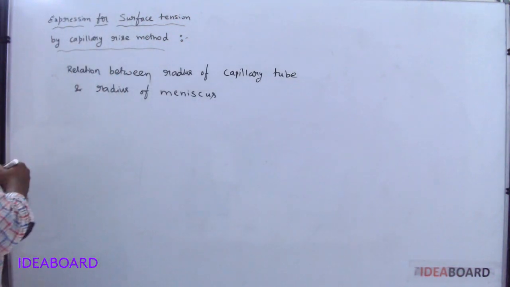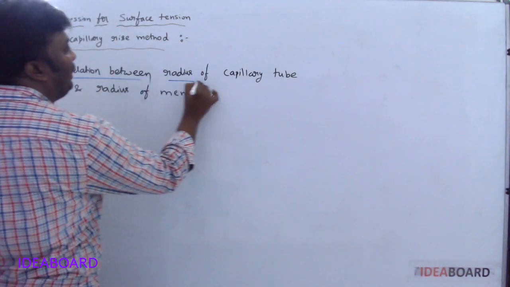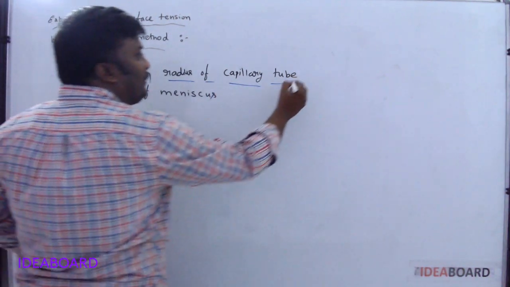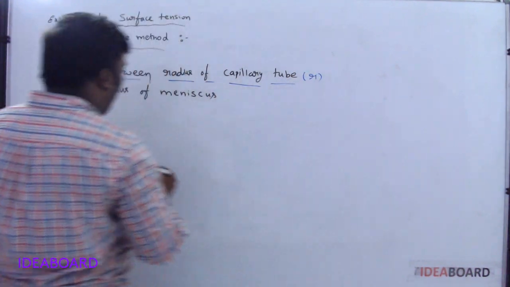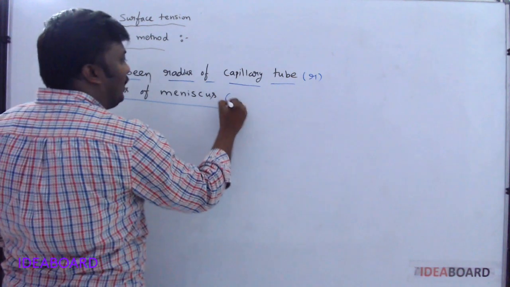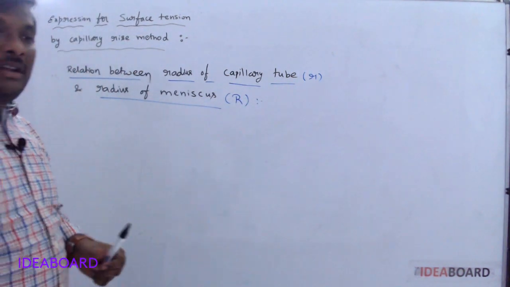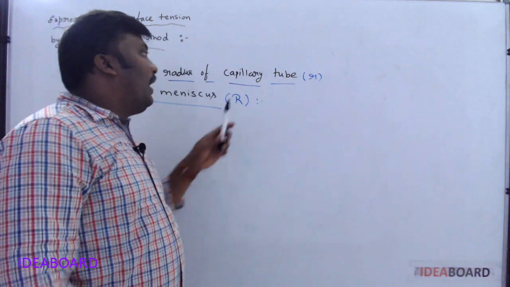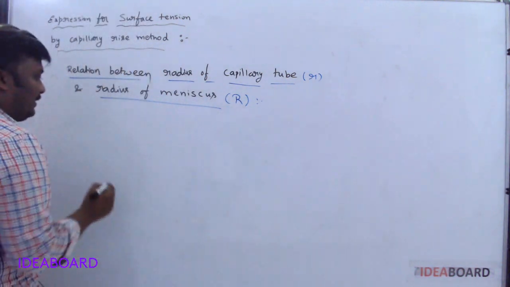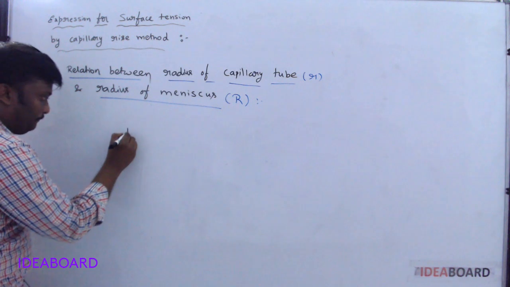So the next one is the relation between the radius of the capillary tube, denoted by the small r, and the radius of the meniscus, denoted by the capital R. So I want the relation between the small r and capital R. For that, let us see the diagram.